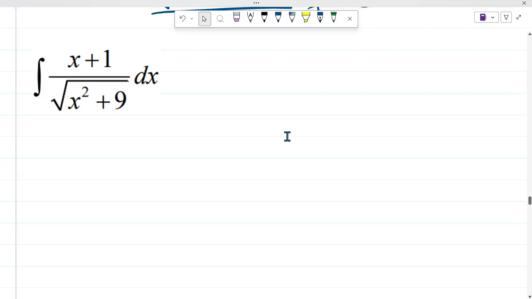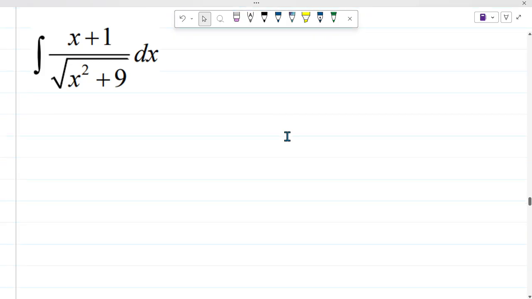Okay, here it is. So now we've got the integral of x plus 1 all divided by the square root of x squared plus 9 dx. So what are we doing here? We are integrating. Before we integrate, I just want to remind you that this is one of the questions where we must separate the terms in the numerator so that each term in the numerator has its own denominator, so that we are able to integrate.